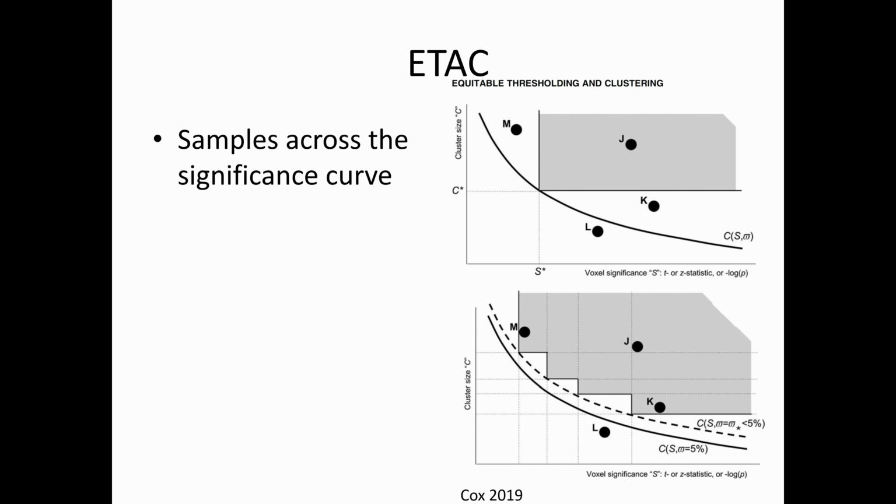And if you're doing permutations, setting a high p-value also doesn't hurt you. So I'd say set your voxel level p-value at 0.001. Your cluster level is fine at 0.05, and permutations if it's available in the analysis that you're doing.